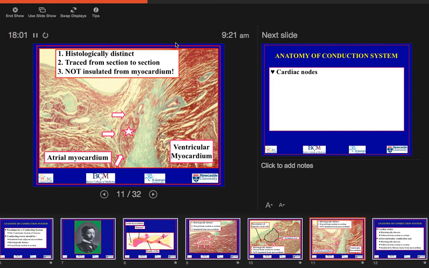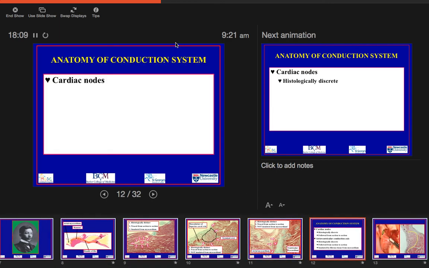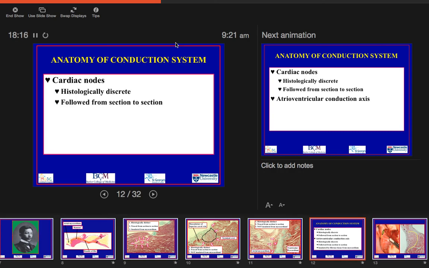So now it has been necessary for me to modify the criteria I use for histologic recognition of the conduction system. The nodes are histologically discrete and traced from section to section, but they are not insulated. The nodes are not tracts.